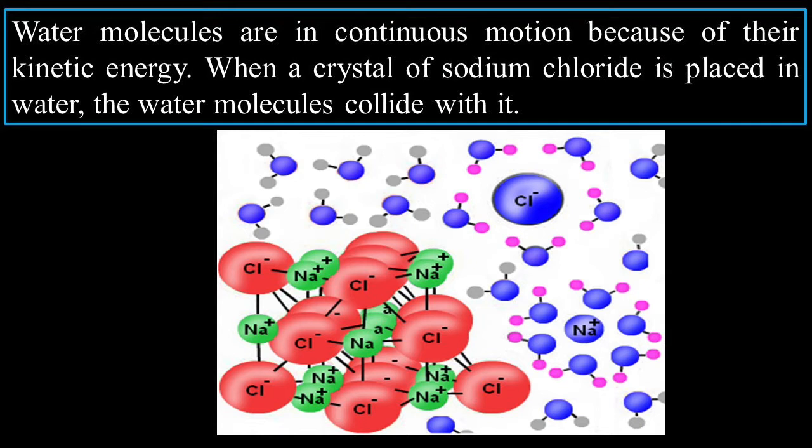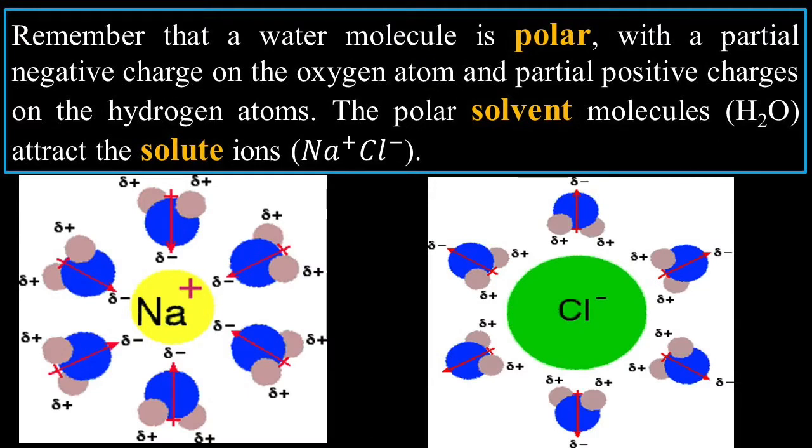Solvation is the solution process, how these hydrogens come in and line up with the chlorines and the oxygens with the sodium, and it rips the sodium chloride apart. Remember that the water molecule is polar, with a partial negative on the oxygen atom and partial positive on the hydrogen atoms. The polar solvent molecules, H2O, attract the solute ions, Na plus, Cl negative.